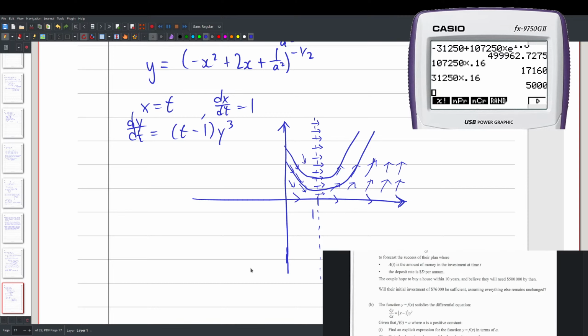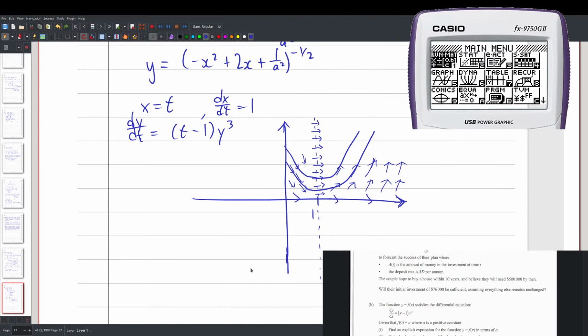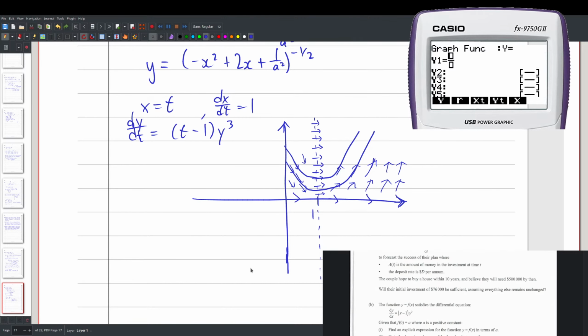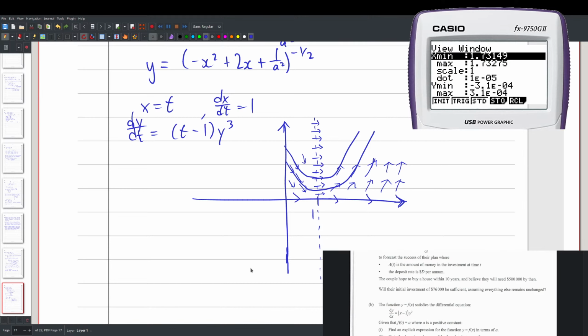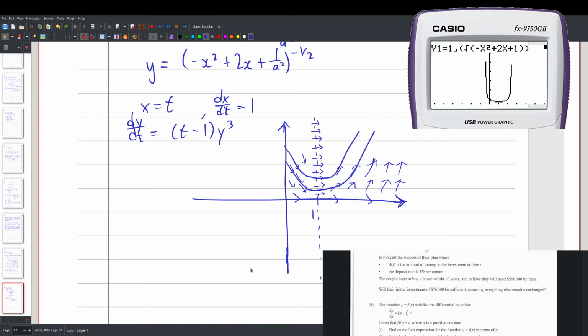It goes down to the left and then up to the right. If I just plot 1 over root of negative x squared plus 2x plus 1, with a normal viewing window, it just goes up, basically.